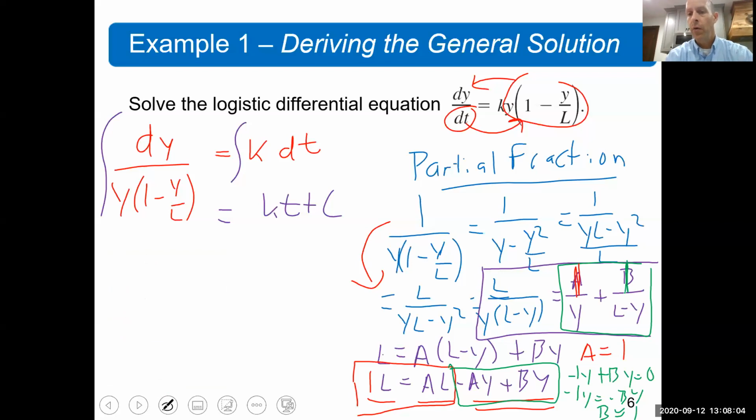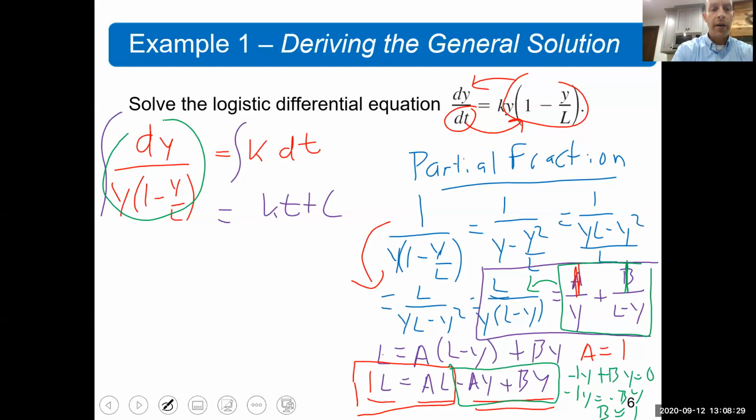Now, if you don't quite trust me on this, this is the technique for partial fractions. If you don't trust me on this, simply get a common denominator and add these 2 fractions together, and I am telling you, you will get L over y quantity L minus y. Okay, so I've just spent quite a bit of time just dealing with this side over here.